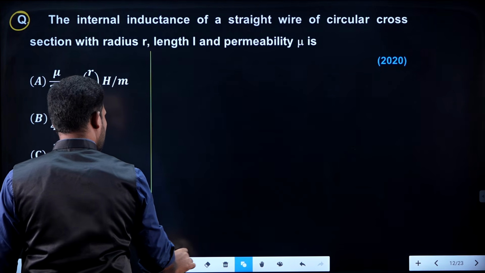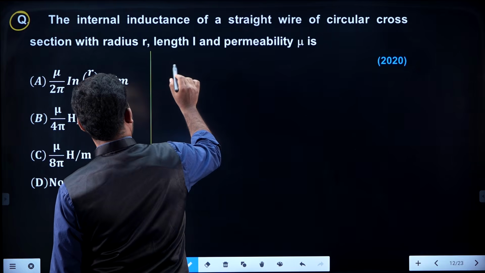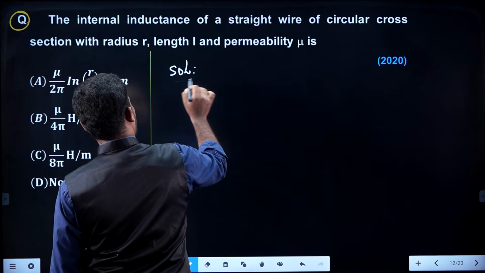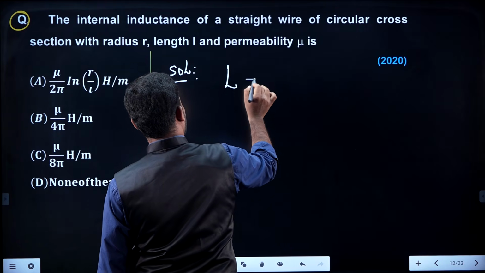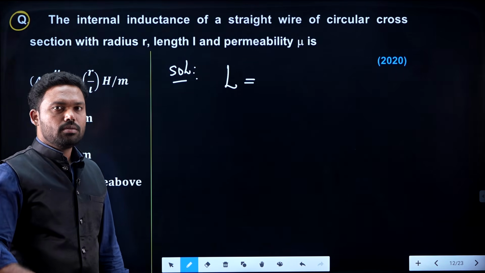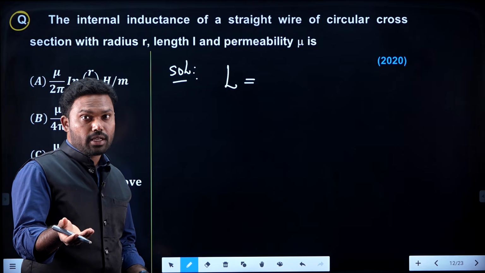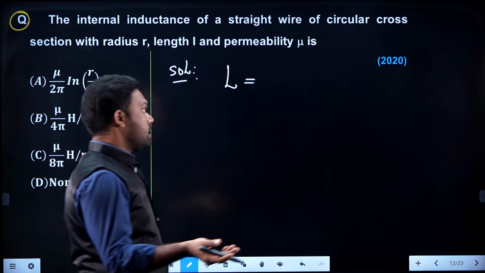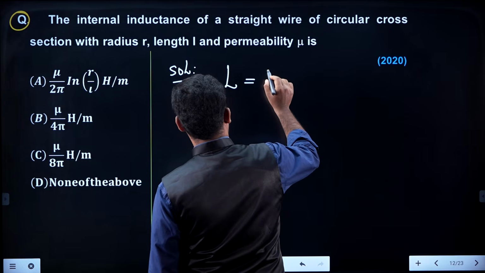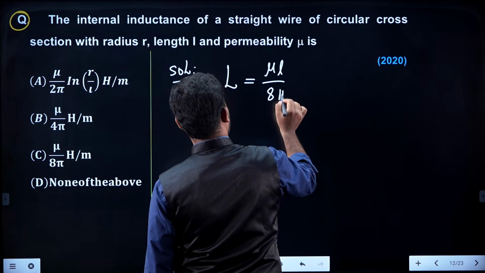See here guys, the internal inductance of the straight wire is given by, this is a formula you have to remember, some standard formulas you have to remember. Inductance and capacitance of the coaxial cable, spherical capacitor, okay, these are some of the standard things. So the formula is mu L by 8 pi.